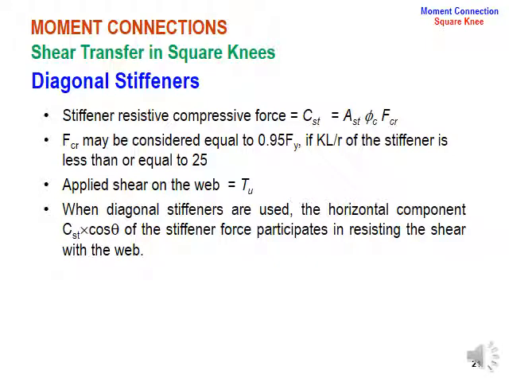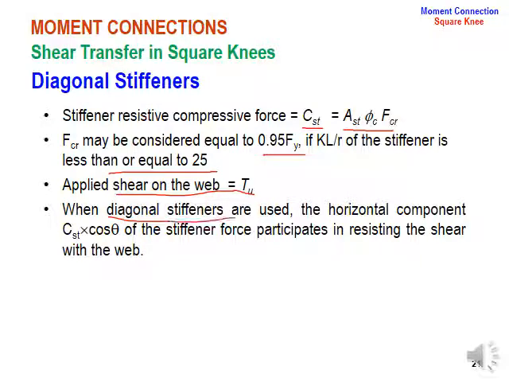The stiffener resistive compressive force CST can be written as AST phi C FCR, where AST is the area of the stiffener. FCR may be considered equal to 0.95 Fy if KL over r of the stiffener is less than or equal to 25. The applied shear on the web is equal to TU.